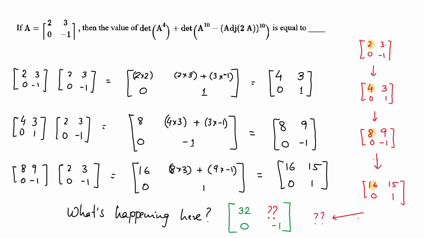The disturbing thing is that the first time 3 remained 3 when you had A, and when you did A square, 3 remained as it is, so it might give you a little bit of trouble. Then you did A cube, it became 9. And then A4, it became 15. What is happening? This doesn't seem to follow any kind of AP or GP.